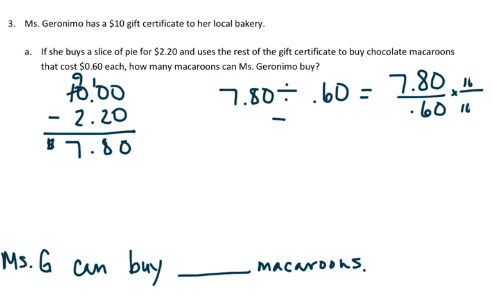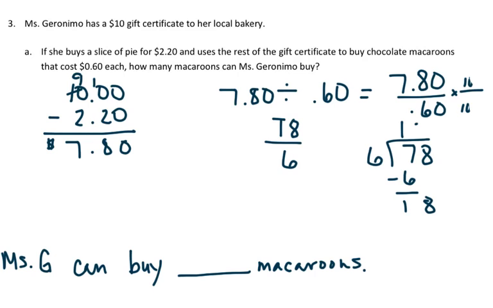So that would give me 78 divided by 6. And we can do that this way. And the answer is 13. So Miss G can buy 13 chocolate macaroons with the remaining amount of money.